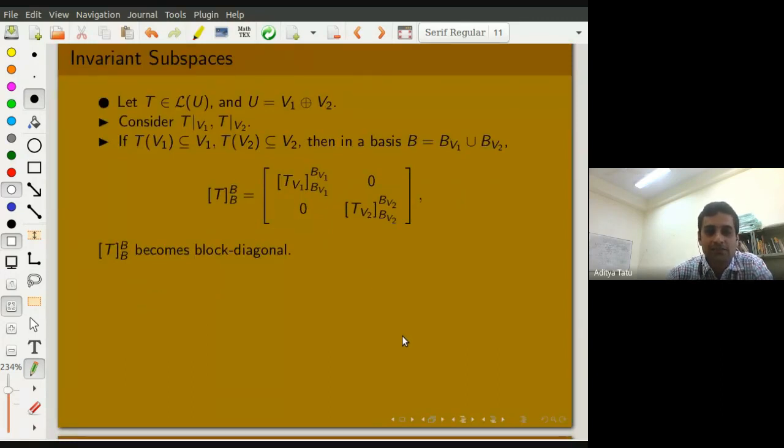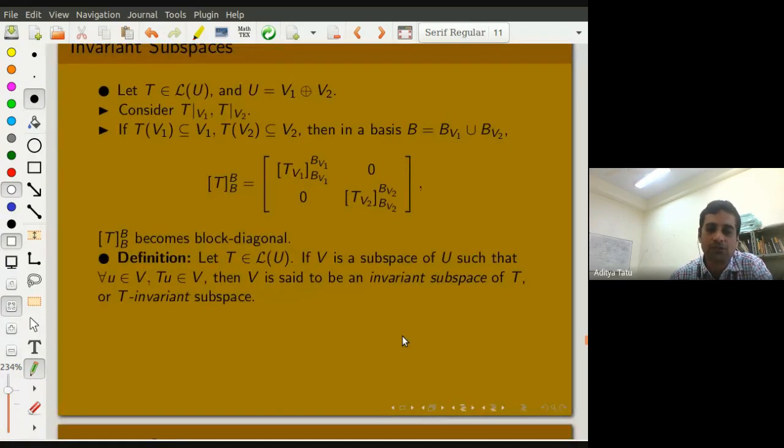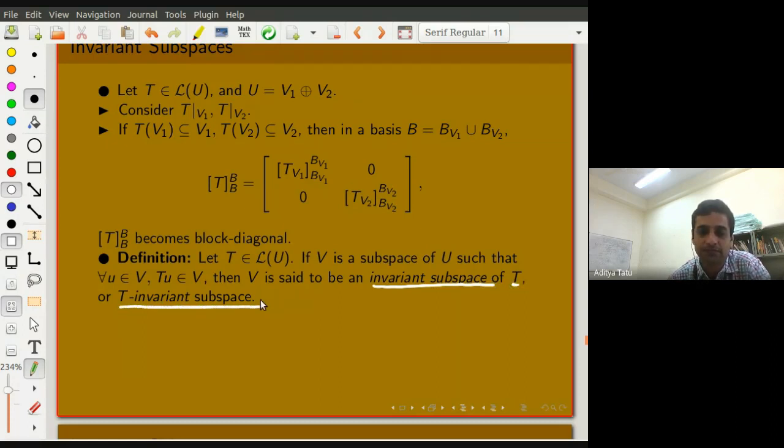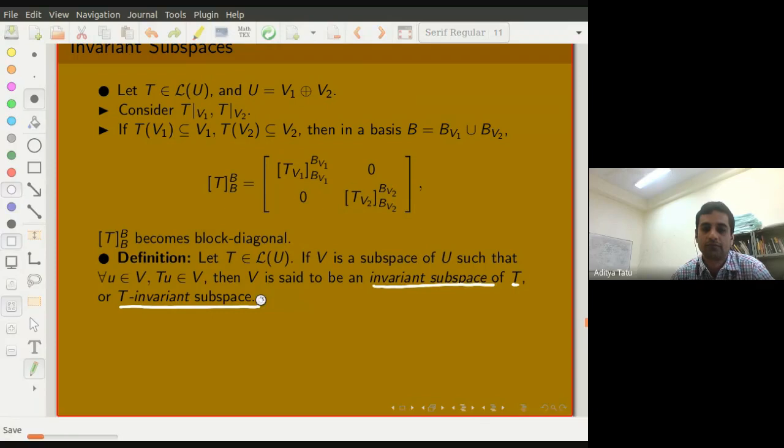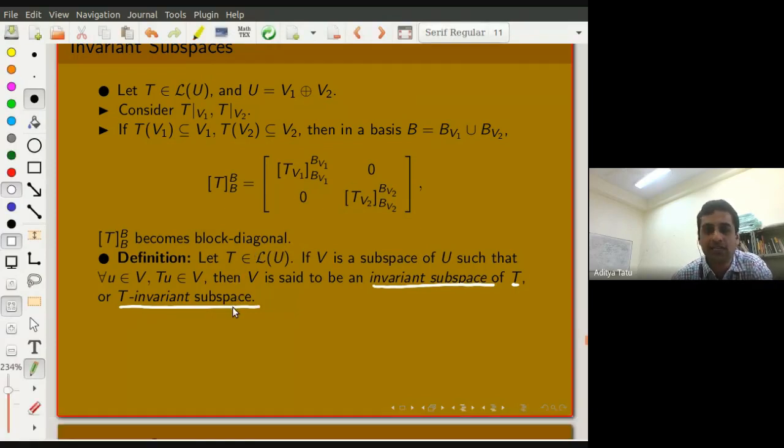Okay, and these subspaces V1 and V2 are called invariant subspaces of the linear transformation T. Or in some books, it is also referred to as a T invariant subspace. So the definition is what I'll read and stop for today.